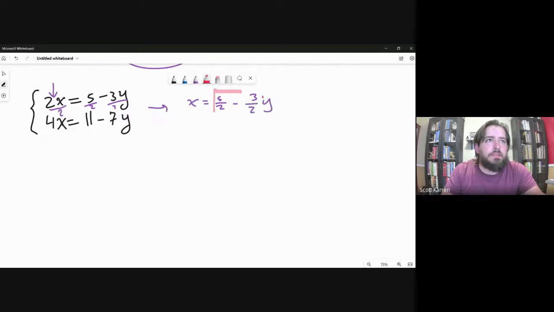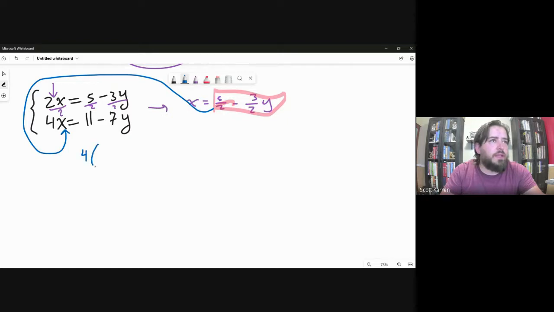And it's this expression right here that I'm going to plug into the x over here. So that turns into 4 times, instead of x, all of that, 5 over 2 minus 3 over 2y, equals 11 minus 7y.